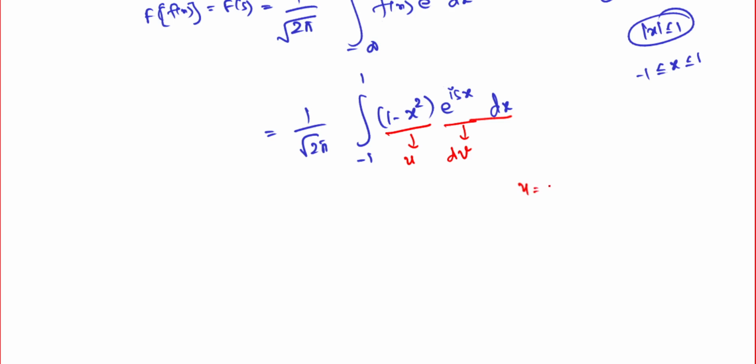So take u equal to 1 minus x square and dv equal to e to the power isx dx. On one side we differentiate, on the other we integrate. So u dash is minus 2x, u double dash is minus 2, and u triple dash is 0.